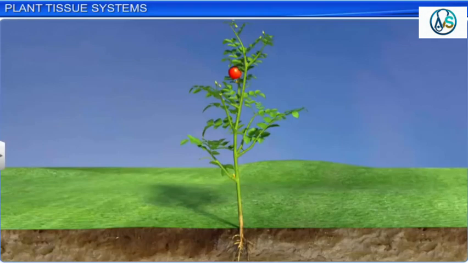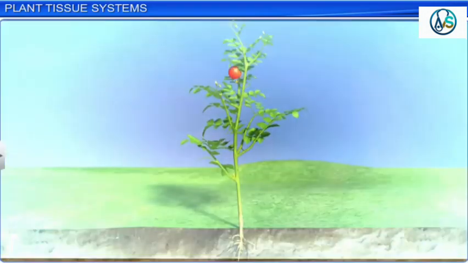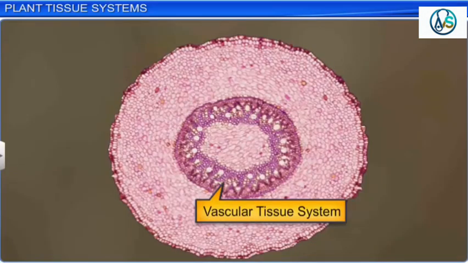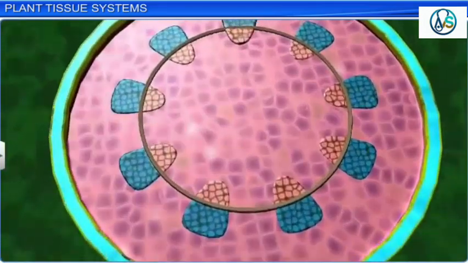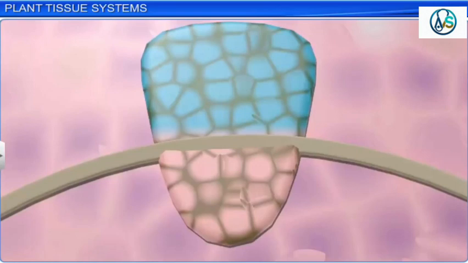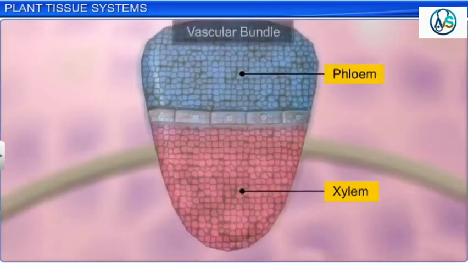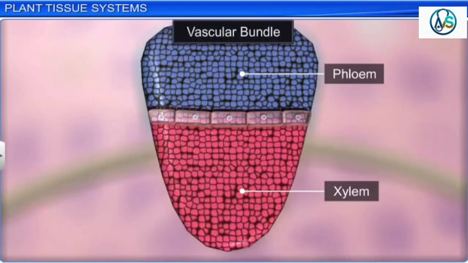Let's now study the third type of tissue system, the vascular tissue system. It is composed of complex tissues, namely xylem and phloem, which together form vascular bundles. In the vascular bundles of dicotyledonous plants, cambium is present between the phloem and xylem.